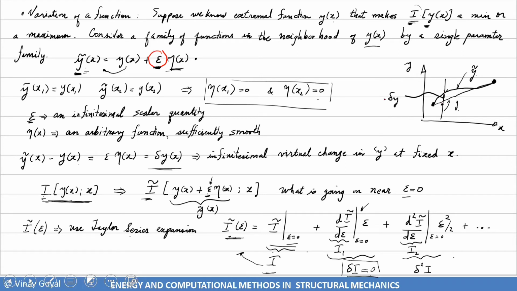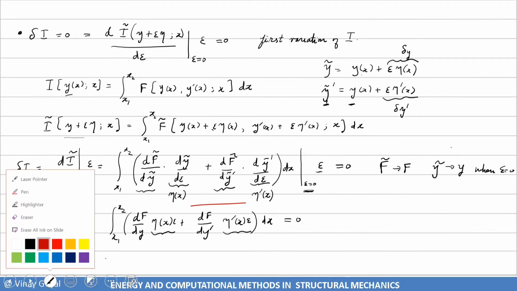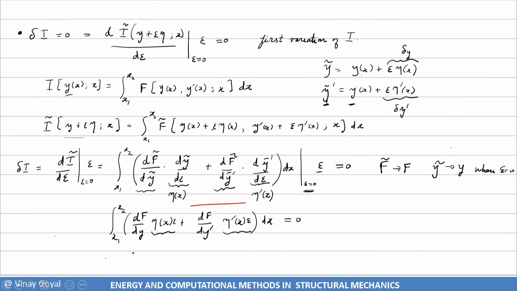Del y is our epsilon eta of x. That's what that is, which is the difference in height between y hat and y. Hopefully that's very clear, and it needs to be extremely clear because things are going to get complicated. This is del y and this is del y prime.